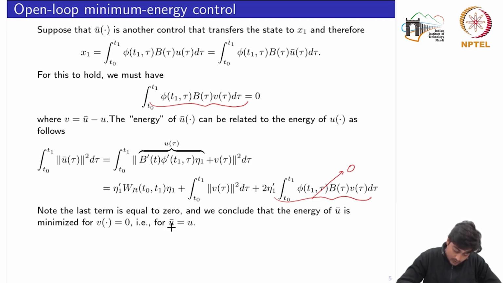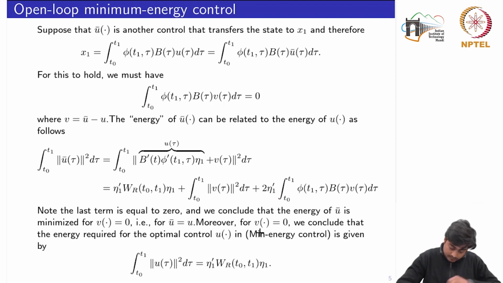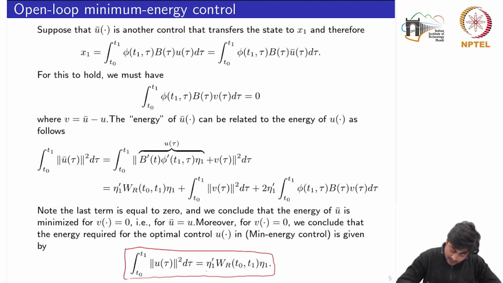So it would happen when u bar becomes equal to u. Now moreover, for v equals 0, we conclude that the energy required for the optimal control u, the control signal we had specified in the theorem, is given by this one. So this is the minimum energy, and in fact we have computed how much energy would be utilized in the control signal.